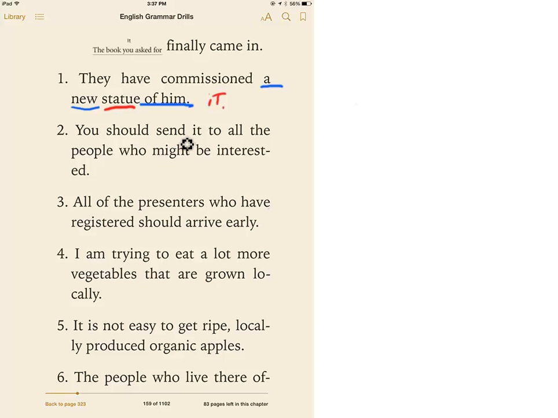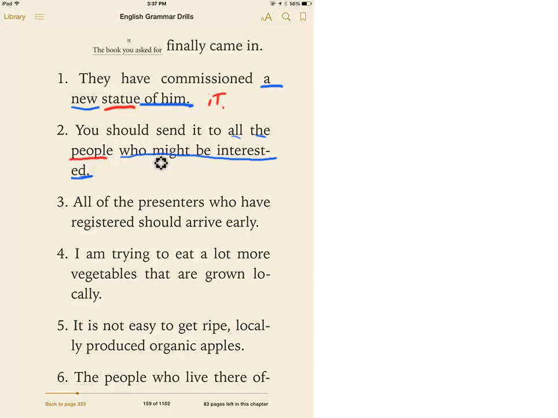You should send it to all the people who might be interested. People is the noun, okay? And then let's look at all the post-noun modifiers. All people, the people who might be interested. That tells what type of people, so it modifies the word people.